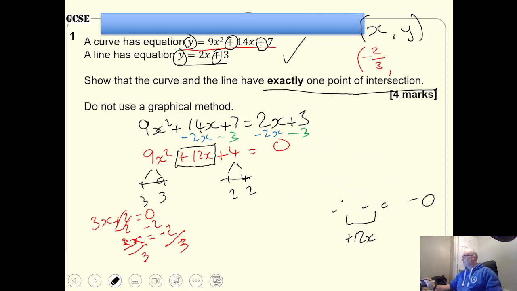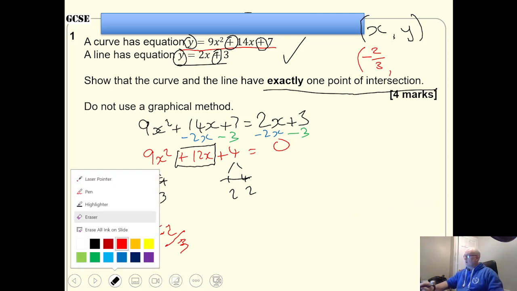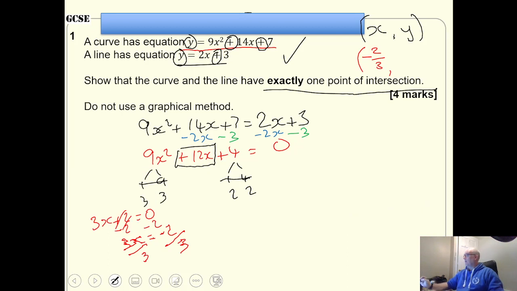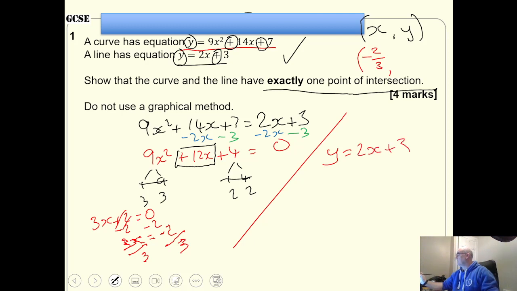Remember, we've got our x coordinate, but now we need to find our y coordinate. We're going to take the line equation 2x plus 3 and substitute in the x coordinate that we've already found, minus 2/3.